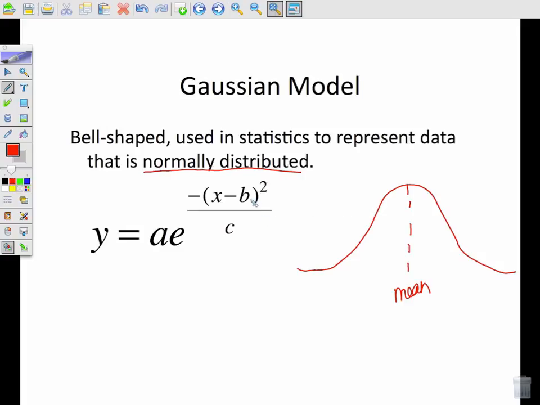We're also going to notice that the mean of the data will exist right here in your model. This is an x minus b. That's like a shift of your graph, and so that's going to represent the mean as well in the model. We don't have to be concerned with the other parts to this model other than just knowing what it will look like, so that you can apply this type of an equation to it.